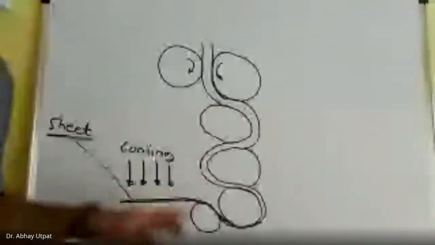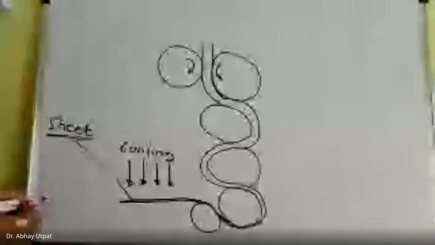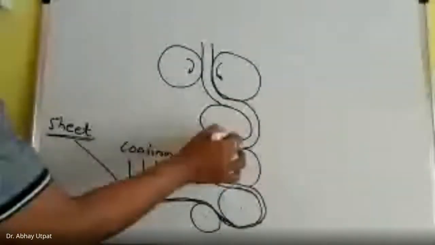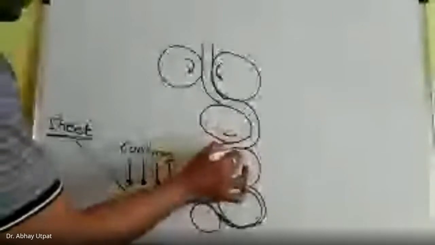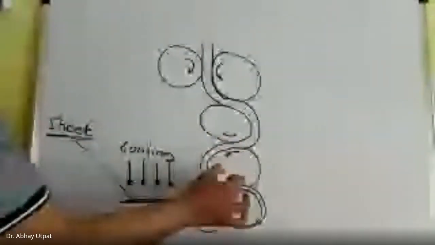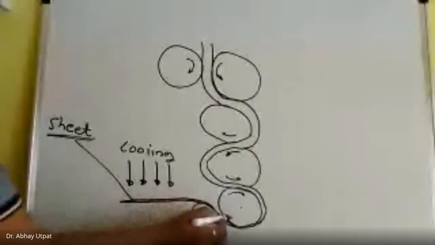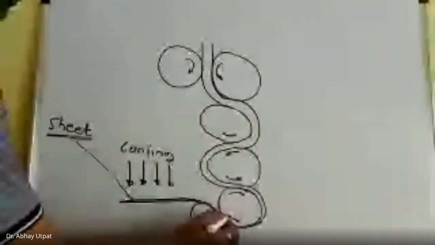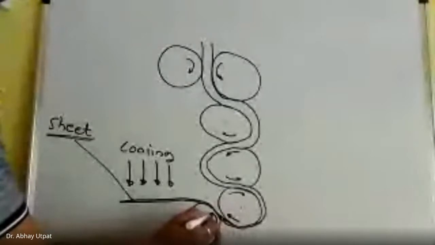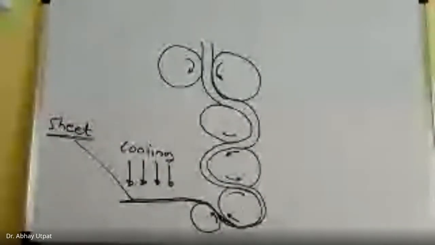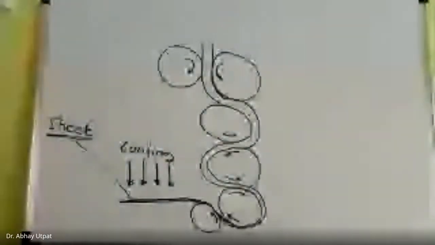Their number may be up to 7. And definitely this process is used for thermoplastics.